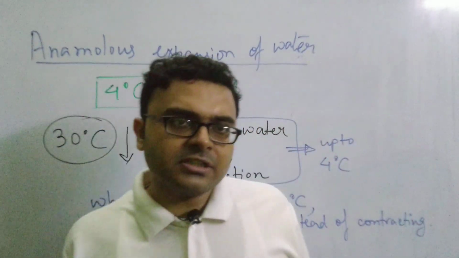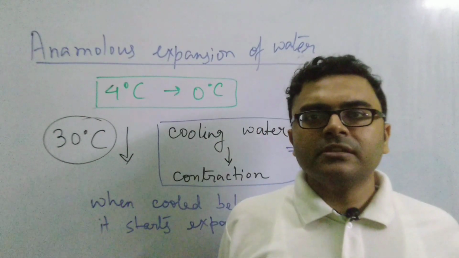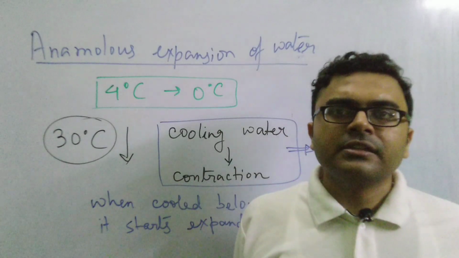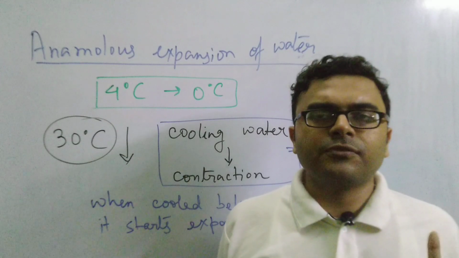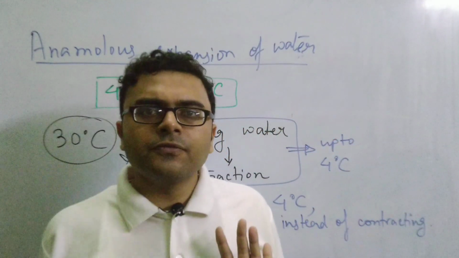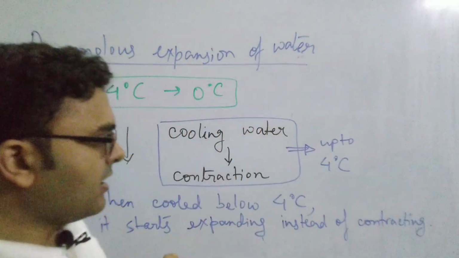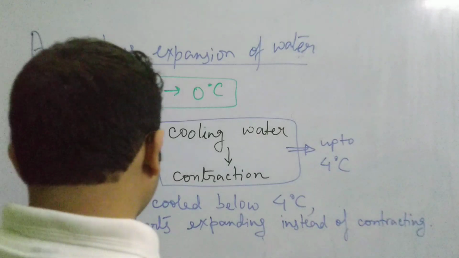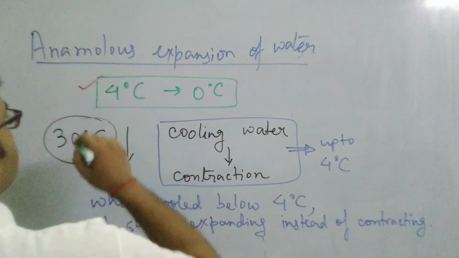So if you want to write the definition, I am defining it once again. When water is cooled from 4 degrees centigrade to 0 degrees centigrade, it expands instead of contracting. This expansion of water is called anomalous expansion of water. Okay, fine. So have you understood? That is why we have marked this range of temperature from 4 degrees centigrade to 0 degrees centigrade.